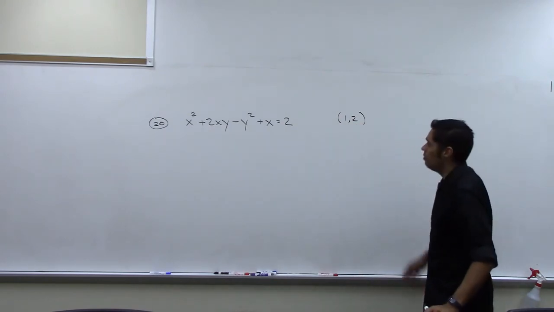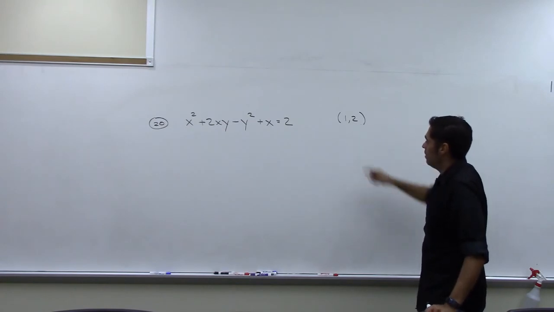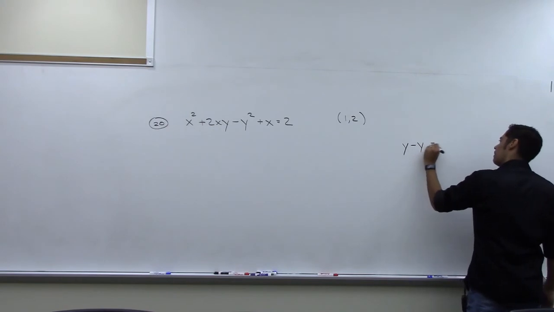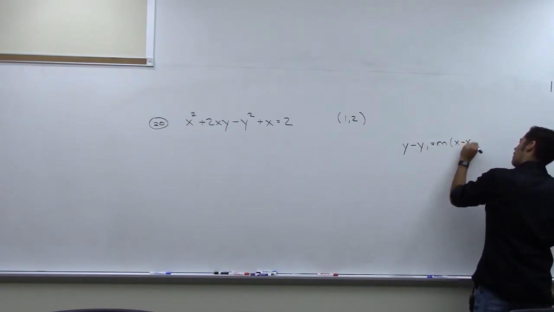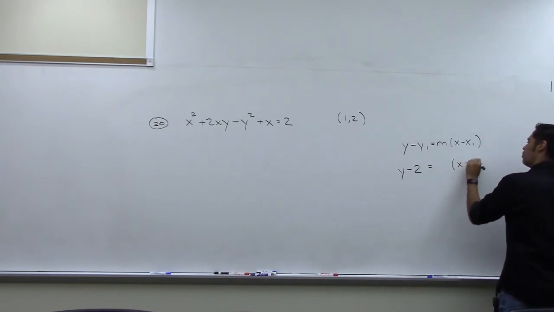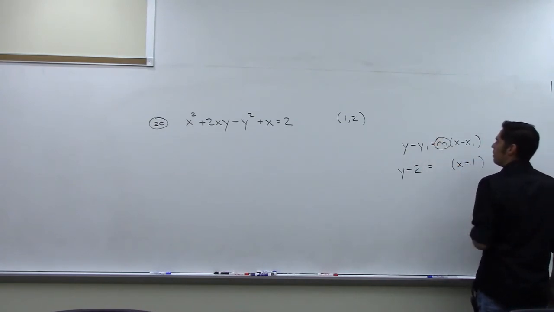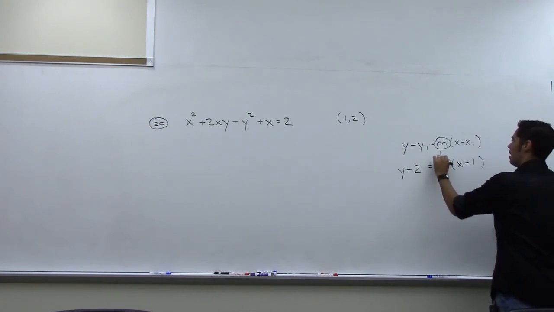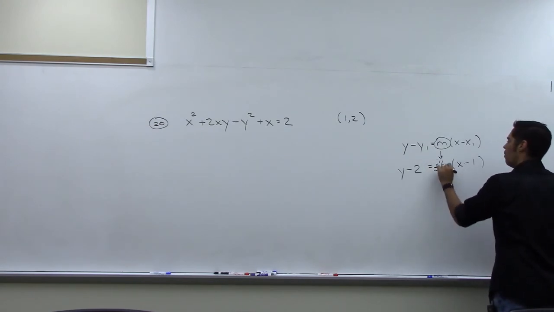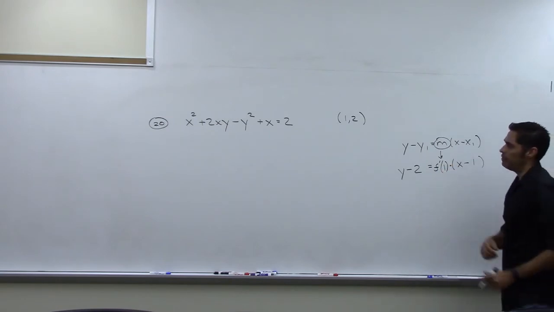I want to know the equation of the line at that point. So we already know to find the equation of the tangent line, we use this. We already know y1 is 2. We know x1 is 1. We just want to know what the slope of this line is. And to do that, we need to actually find the derivative at 1.